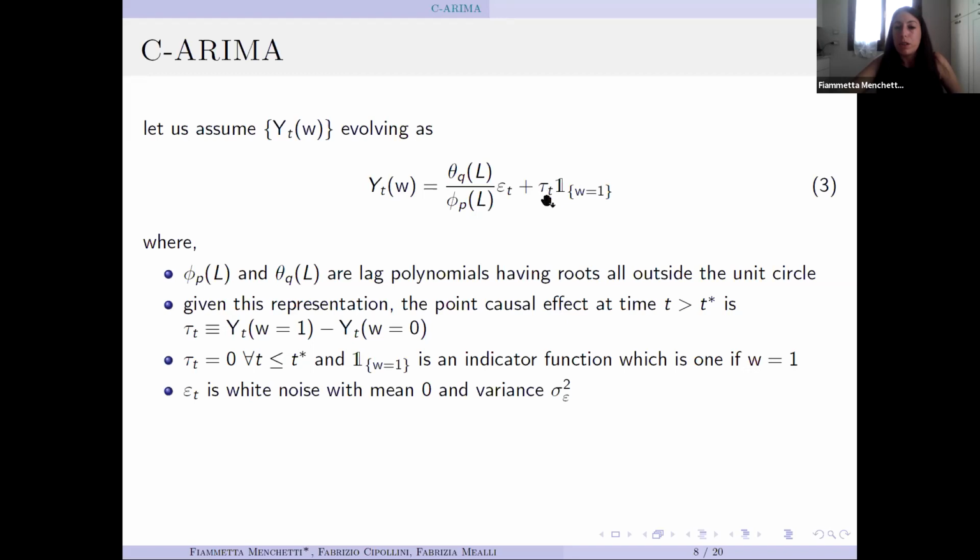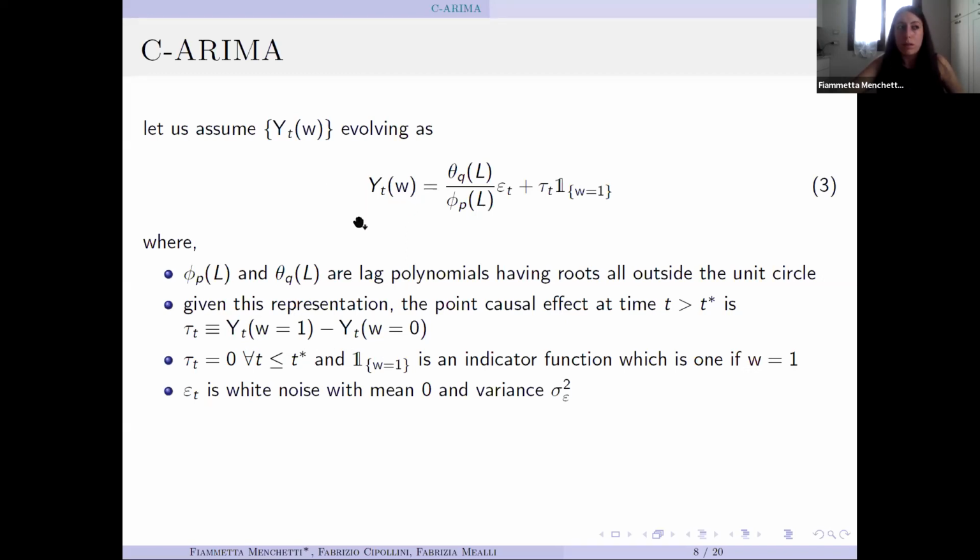So under this representation, tau_t is the point causal effect at time t, as defined by the contrast of these two potential outcomes: the outcome under treatment and the outcome under control. Another difference is that this ARIMA model is defined based on the potential outcome time series, so you can see Y_t(w) here.